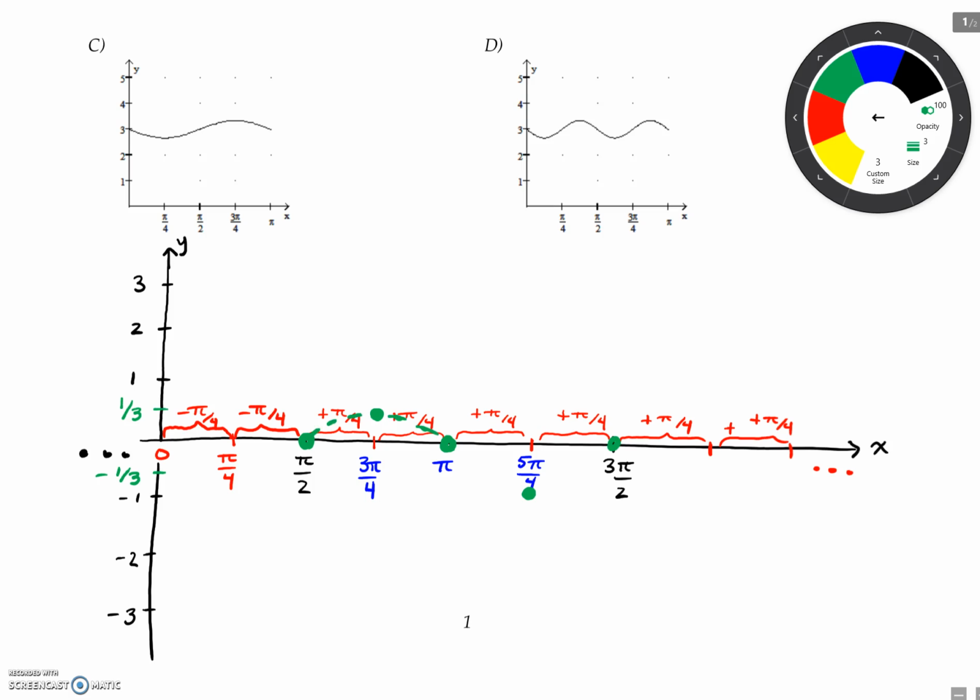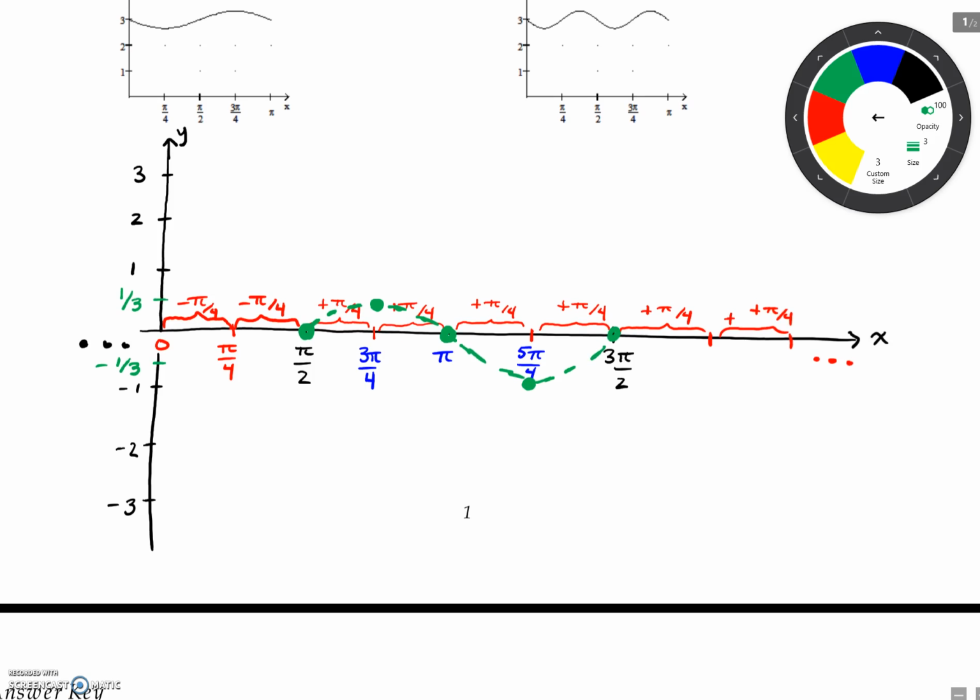Now I just want to make something very clear, and I'm going to write it out in just a second so you can see it. But this graph, I'm going to call this the green graph, is the graph of y equals 1/3 sine of 2x minus pi. Now just think about that for a second.